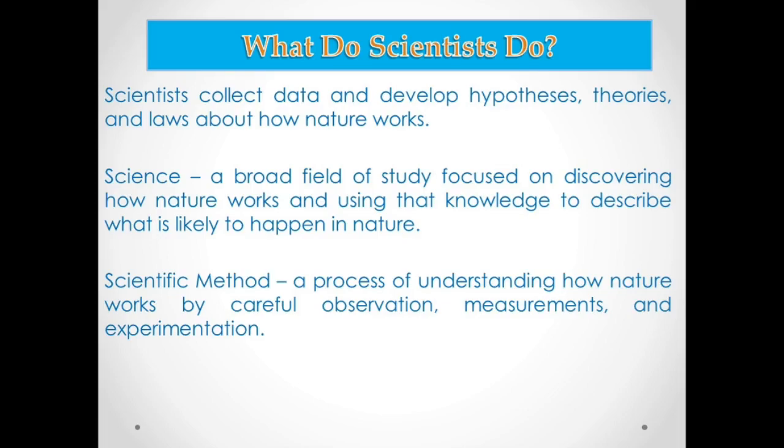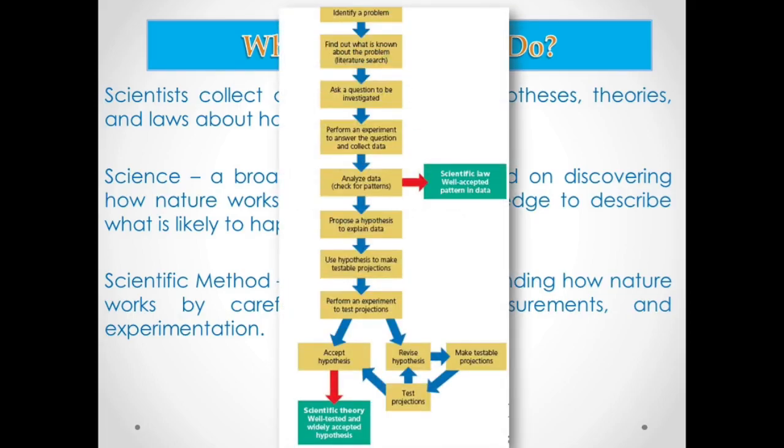So in order to find out the effect of a deforested land, we do some scientific processes or methods. How do we do that? We identify a problem. For example, the problem is that the land has been deforested.